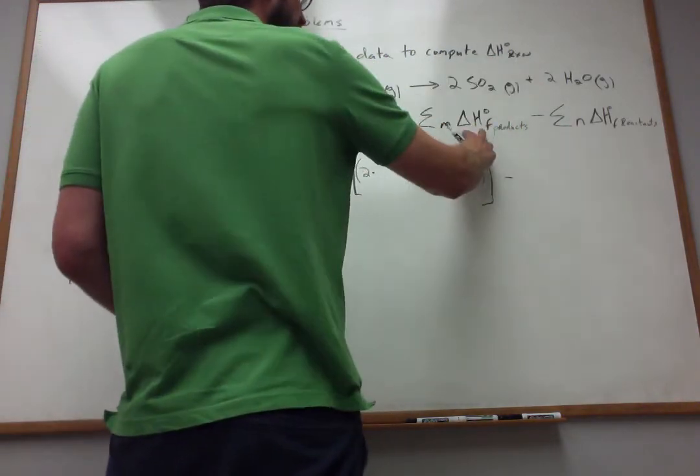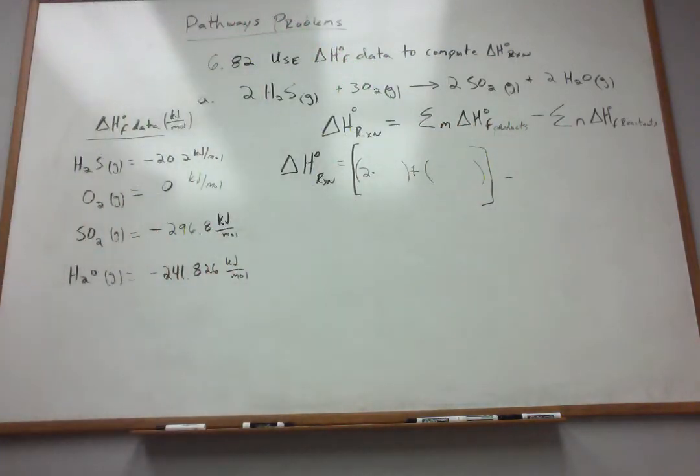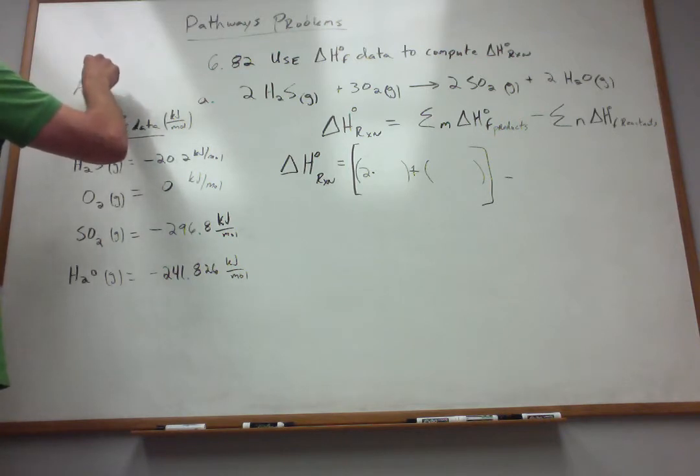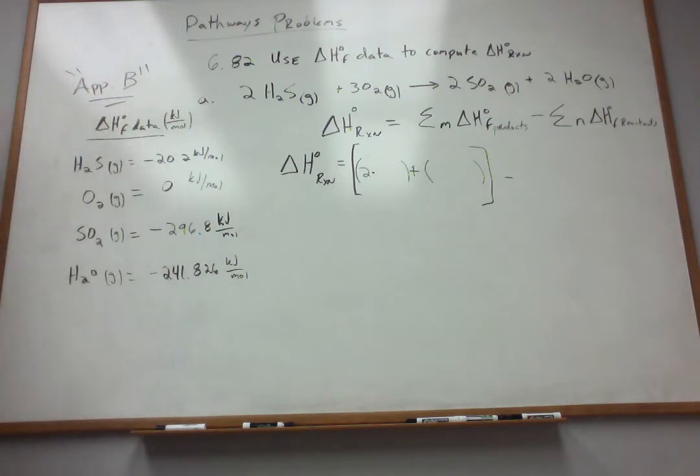Each compound has its own characteristic delta H0. The delta HF0 data in kilojoules per mole is listed over here on the left. Now this is not given in the problem. This is pretty standard. You either have to find these values within the chapter or more generally in Appendix B of your textbook.